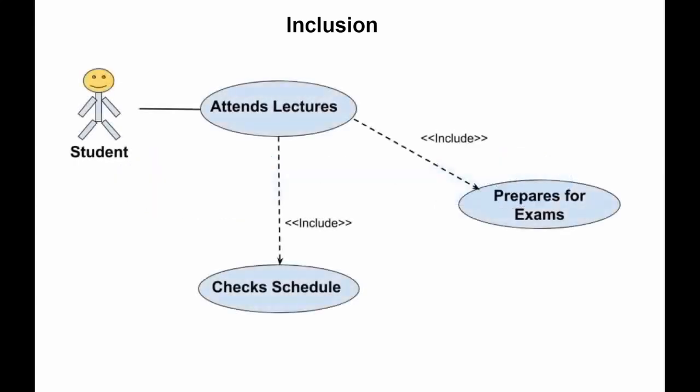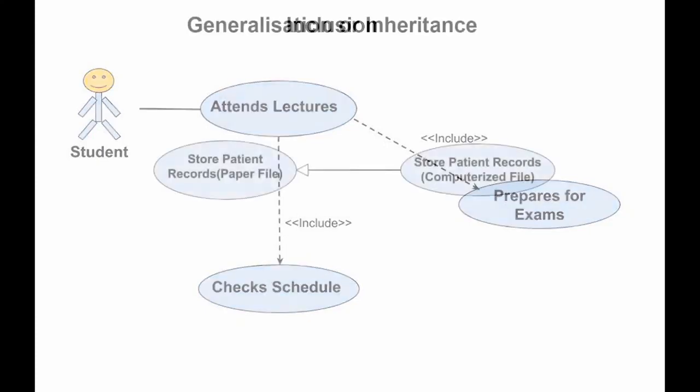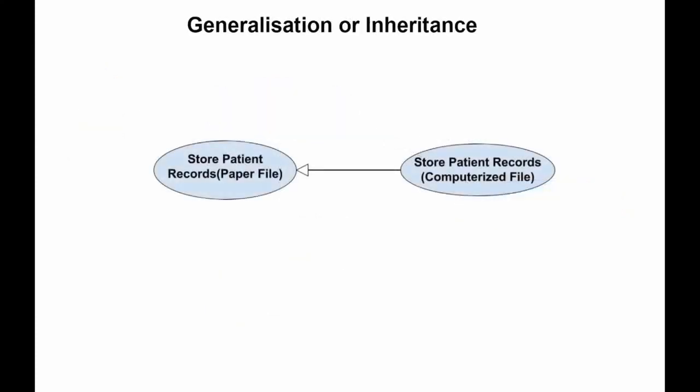Include adds additional functionality not specified in the base use case and is used to add general behavior from the included use case to the base use case in order to support the reusage of the common behavior. Generalization or inheritance. This is a parent-child relationship between use cases where the child use case is an extension of its parent use case.